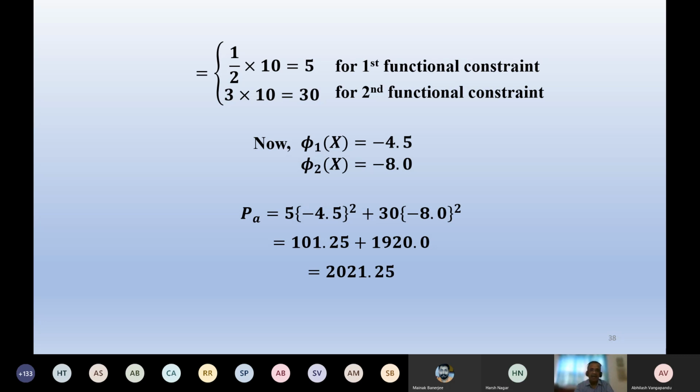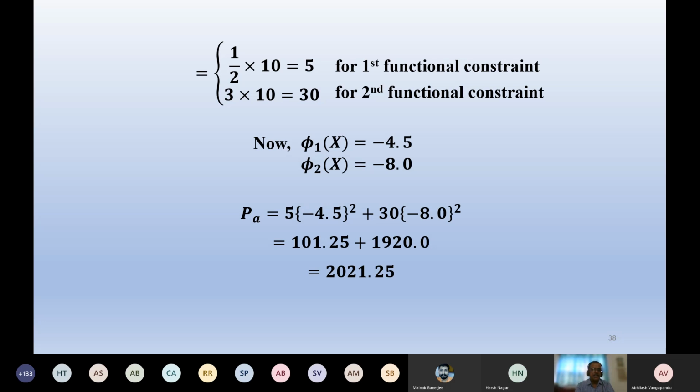If you sum them up, you'll get 2021.25. Now you see, for the same problem, I have calculated the amount of penalty using 3 different methods. You can use any one, but of course the adaptive penalty or the dynamic penalty will perform better compared to your static penalty.